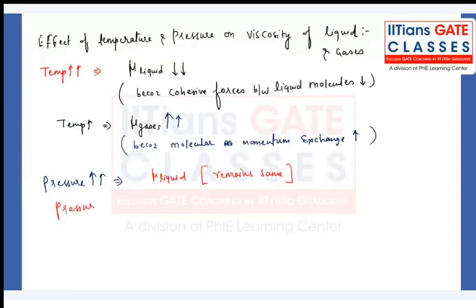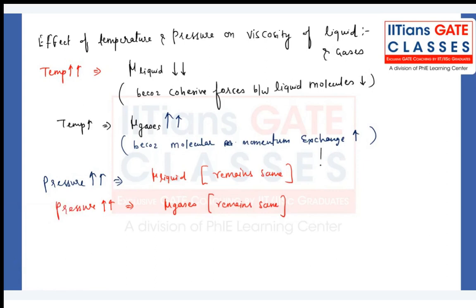When you increase the pressure, what about the viscosity of the gases? Once again, will it be the same or different? Once again, it will remain the same, right? Why will it remain the same?